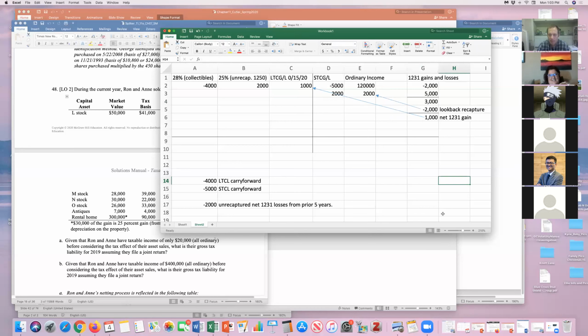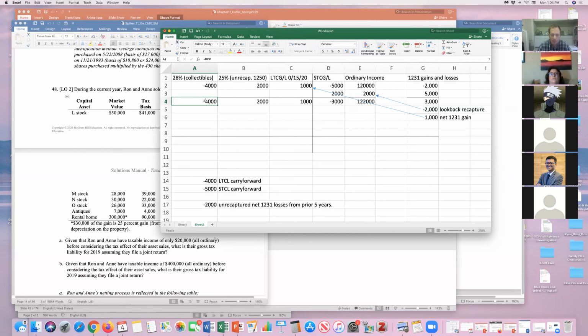So if I have these, I don't have a lot of netting to do in each column. Now I want to allocate, and I'll always start here. This is a loss, so it can offset gains.